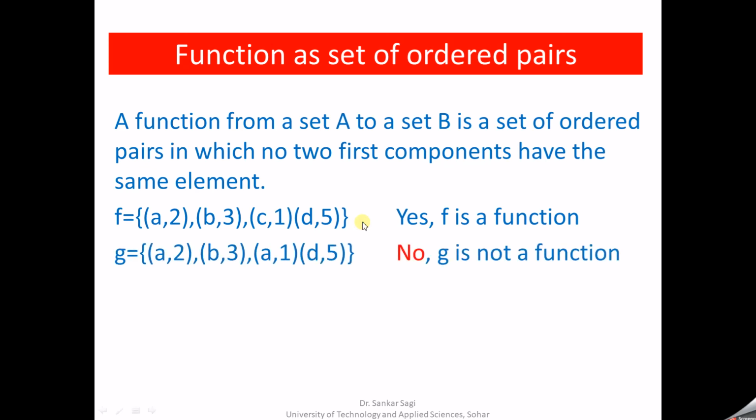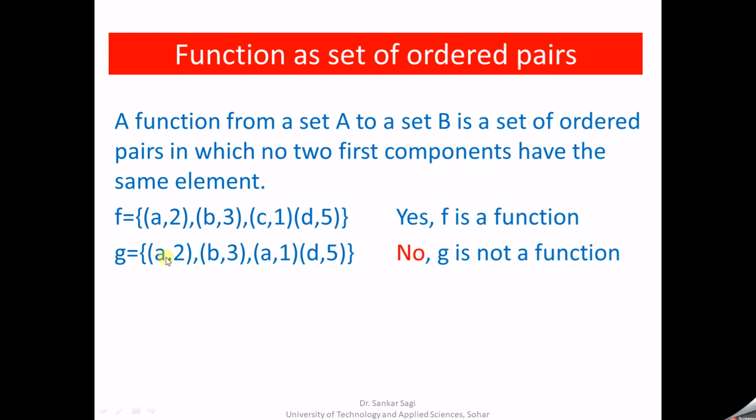Let us look at the second definition of G. G equals the set containing ordered pairs (A,2), (B,3), (A,1), (D,5). Now here, does G qualify to be a function? No, G is not a function because the element A has the image 2 and the same element A has another image 1. That means the element A has two images, which fails the condition of uniqueness of images.